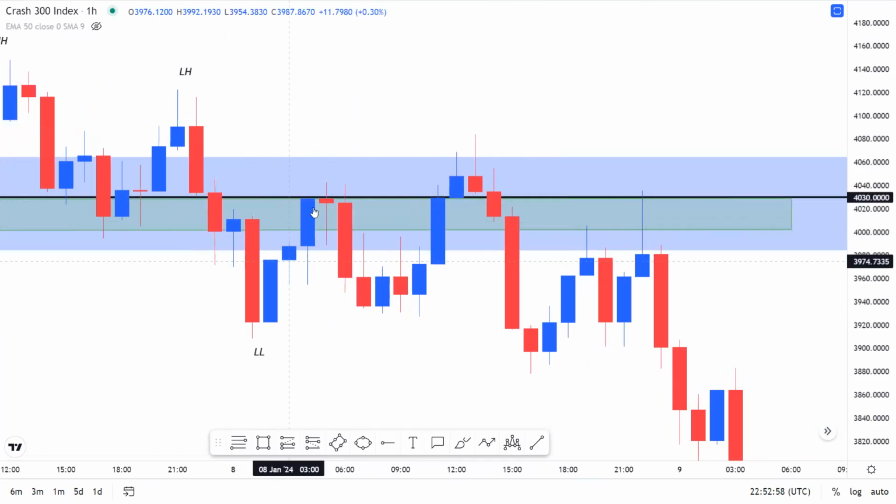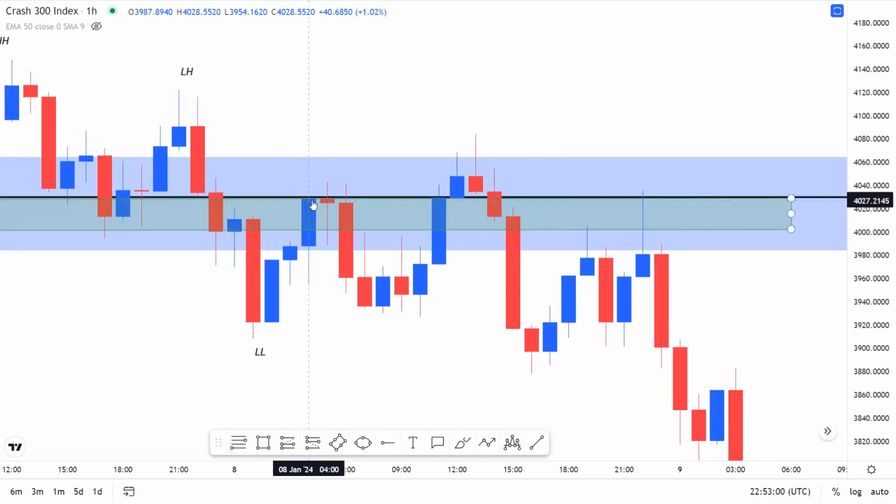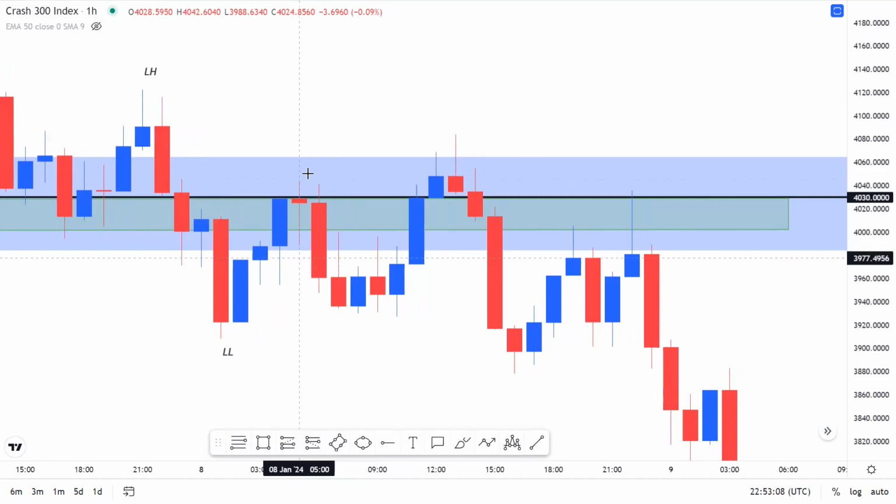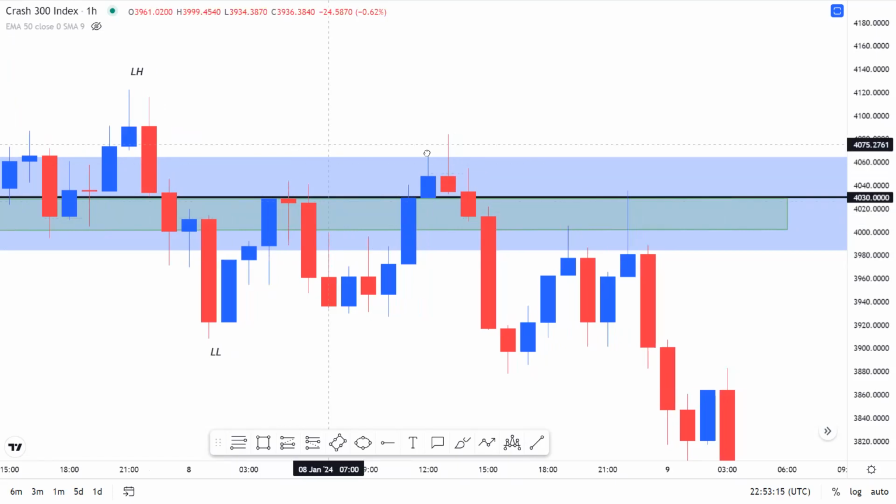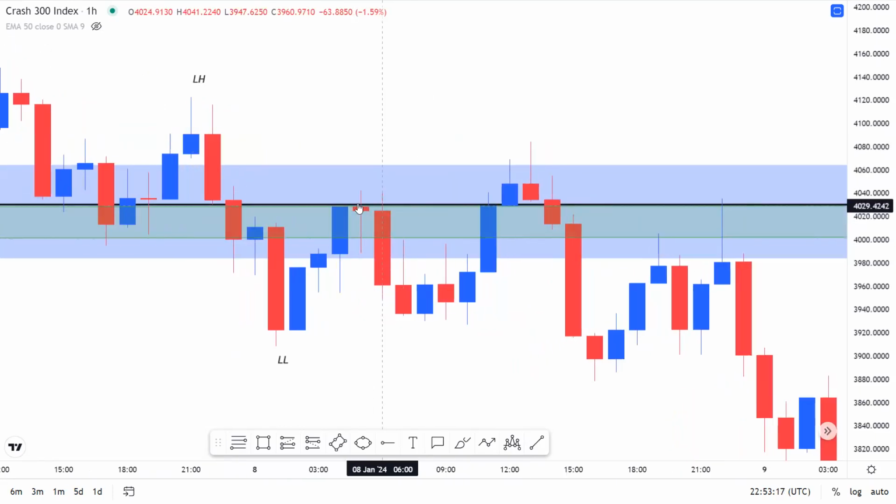And then as soon as we had the tap into the neckline of the head and shoulder pattern, what would you notice? We had a perfect shift in momentum. The next hourly candlestick was not as bullish as the previous candlestick. We had this candlestick being the hanging man candlestick, or a sell or reversal candlestick pattern.